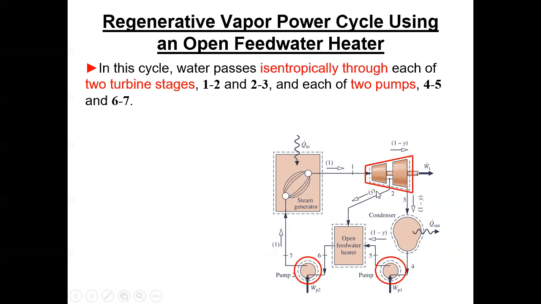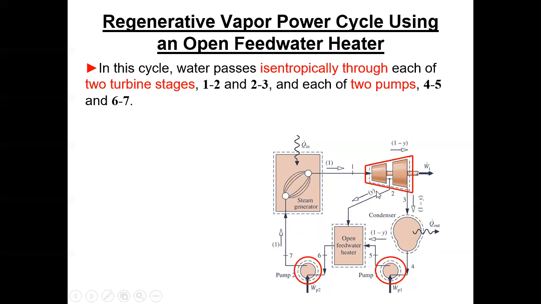Okay, so in this cycle, water passes isentropically through each of the 2 turbine stages, or steam, and each of the 2 pumps. Yeah, well, at this level, but when we get to the end of the chapter, they won't be isentropic anymore, and it just adds a couple of calculations.